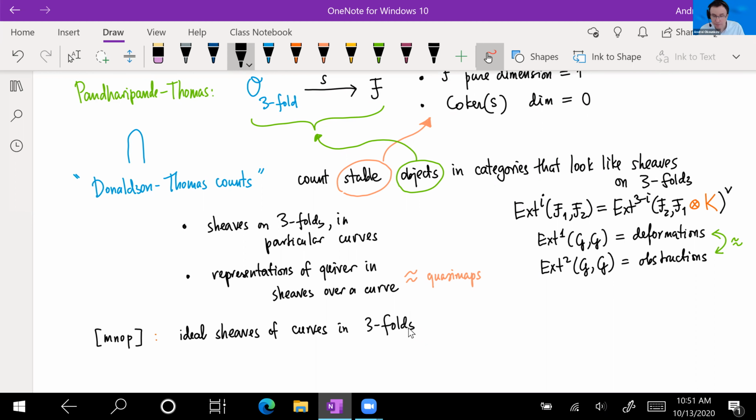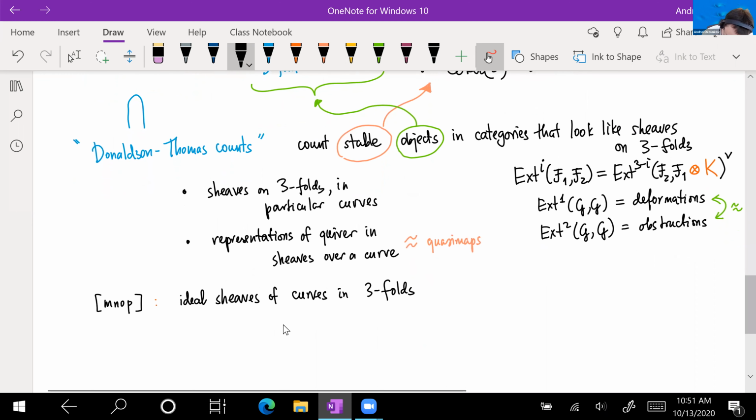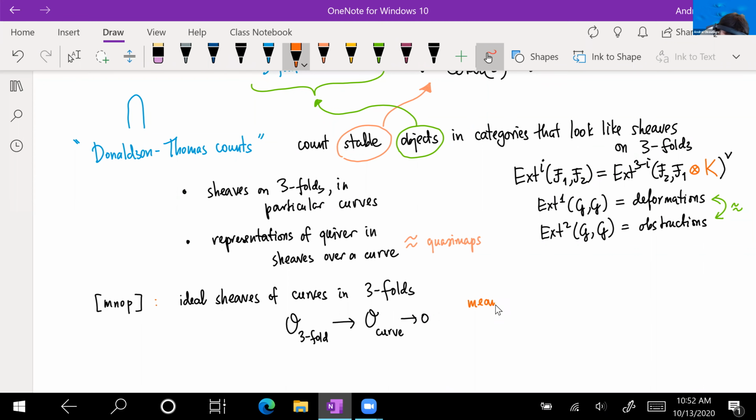And then, since you have the curve in the threefold, now it surjects onto the structure sheaf of that curve. But this means giving up on V being a vector bundle.